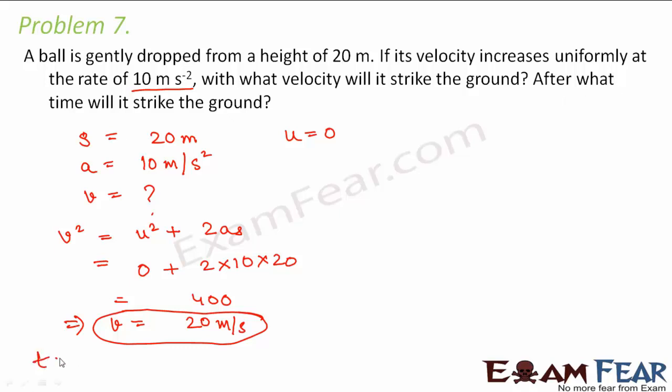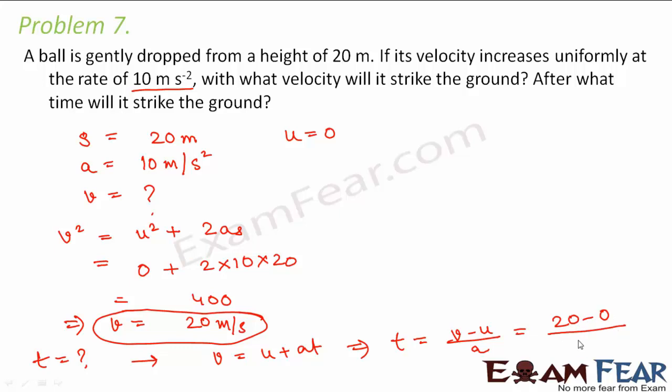In order to find the time, we'll make use of the first equation, which is v is equal to u plus at. So t becomes equal to v minus u by a, that is equal to 20 minus 0 divided by 10. So this is equal to 2 seconds. So after 2 seconds, the ball will strike the ground.